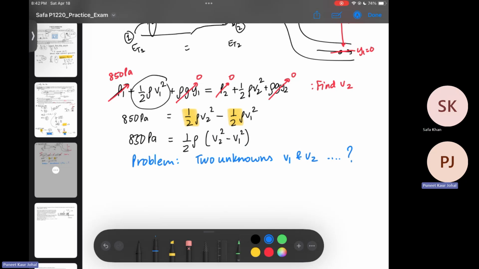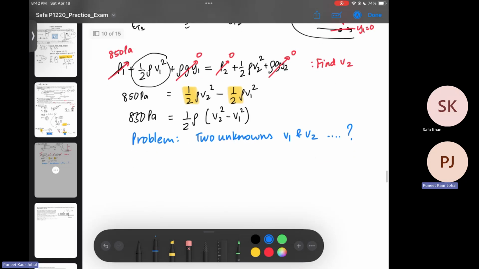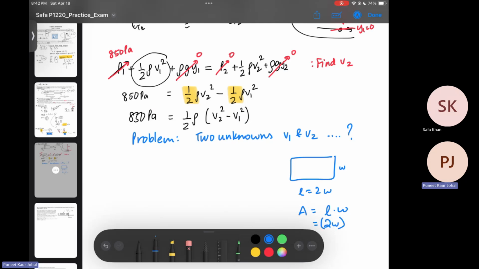The other thing is you try to express one variable in the form of the other. You know how we used to do the rectangle questions, where the length is two times the width. What is the area? You would have width as W, but to replace L, you would just use two times W anyway. So you would have just one variable.